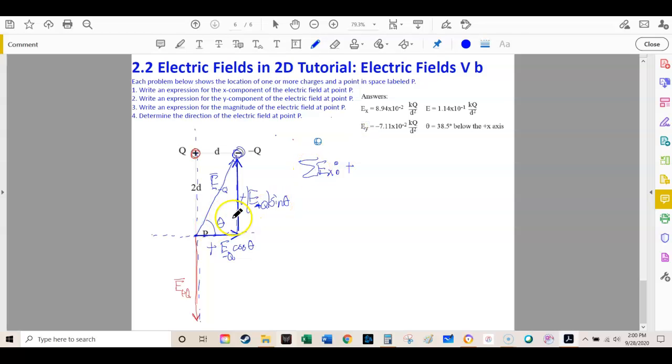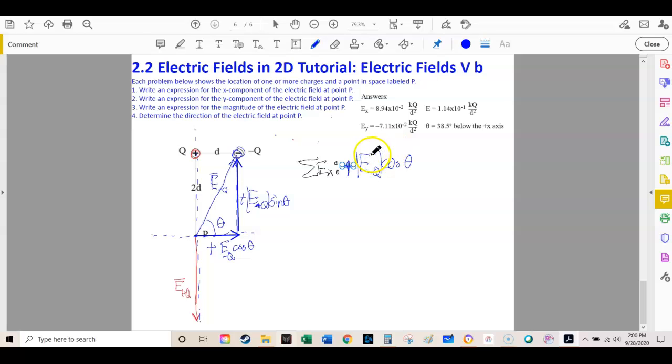So I'm letting my equations tell me what to do. In the x direction, I have only this vector pointed to the right, and that is going to be E due to the negative q cosine of theta. All right, and that's the magnitude of that.